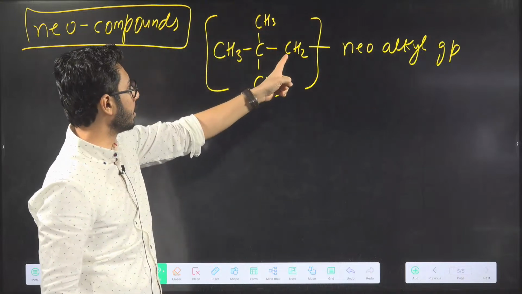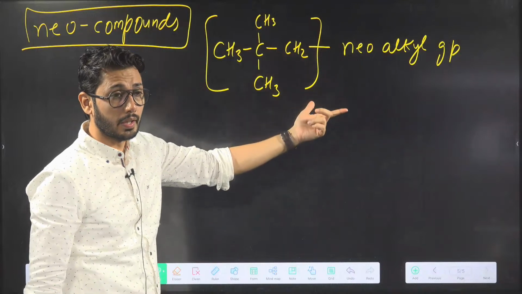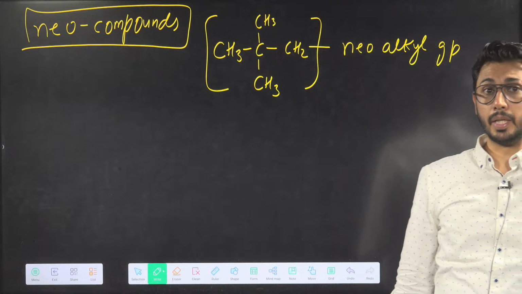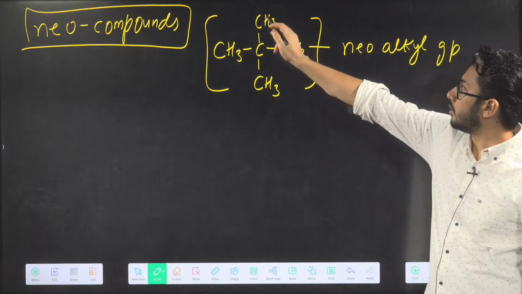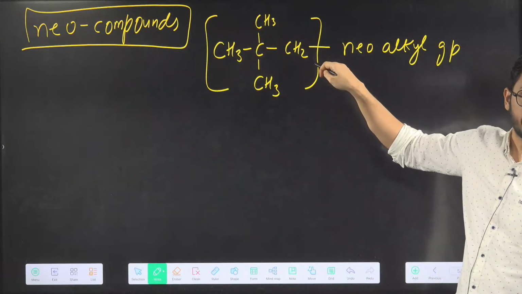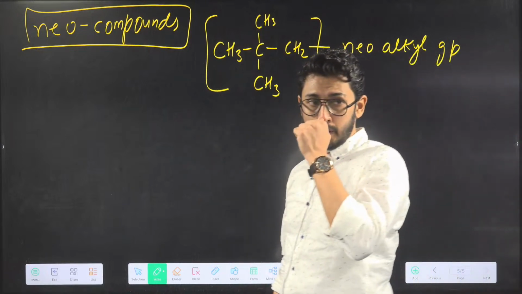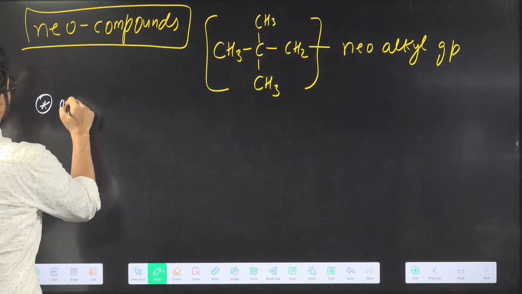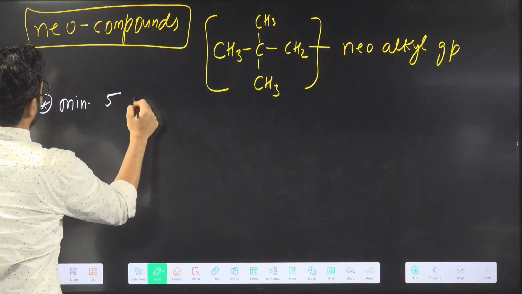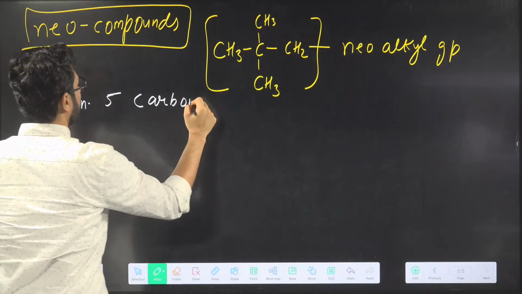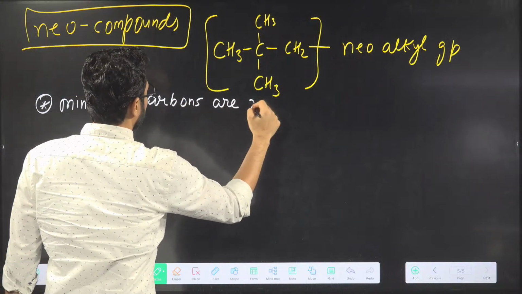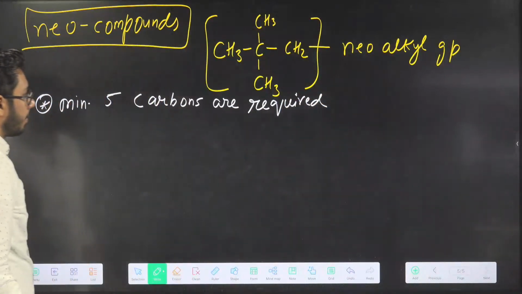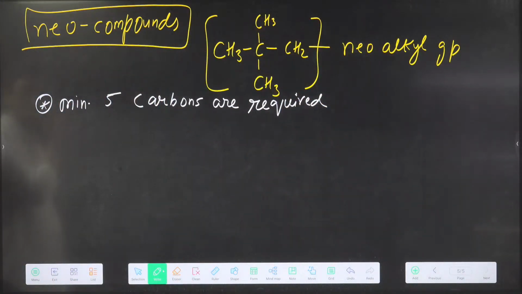This is CH2 which can be further bonded. So the minimum possibility with neo is 5 carbons: 1, 2, 3, 4, 5. Minimum 5 carbons are required.